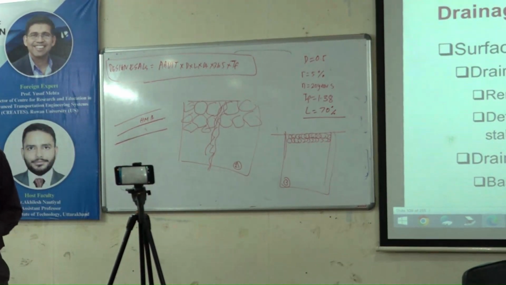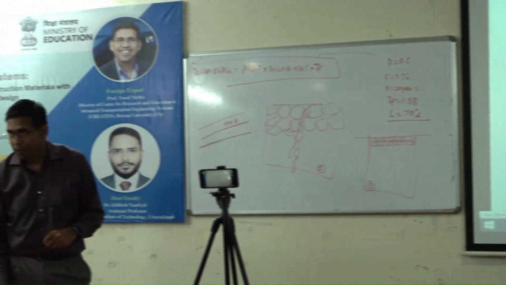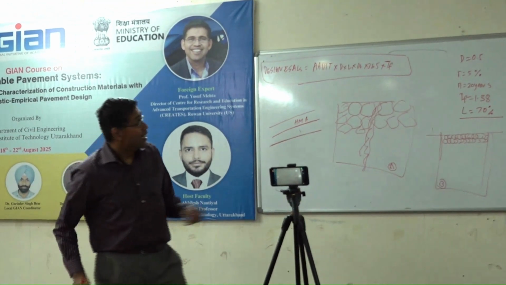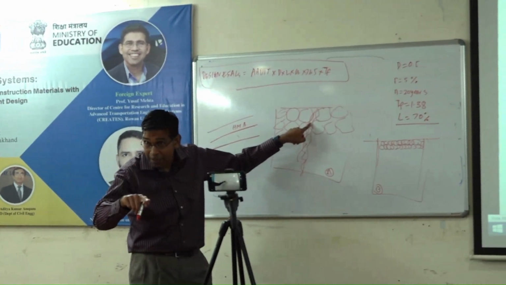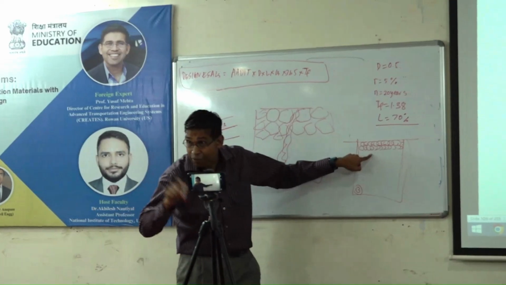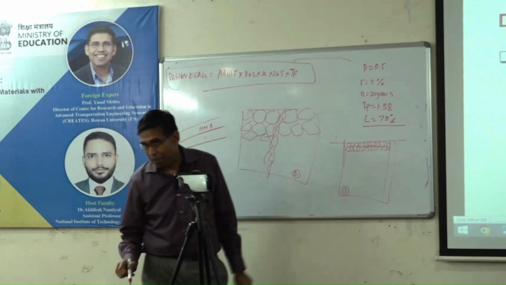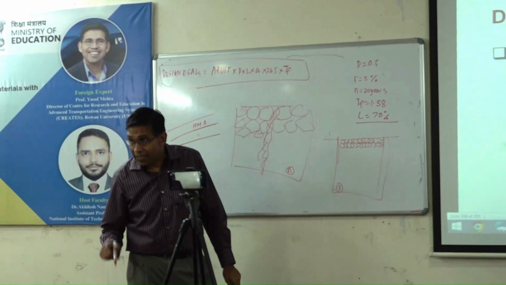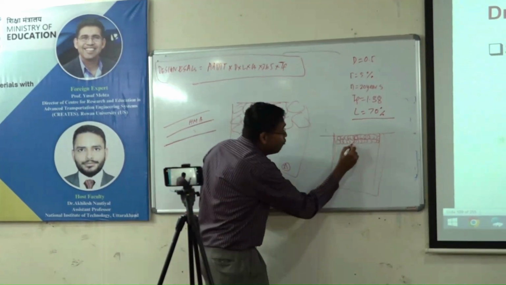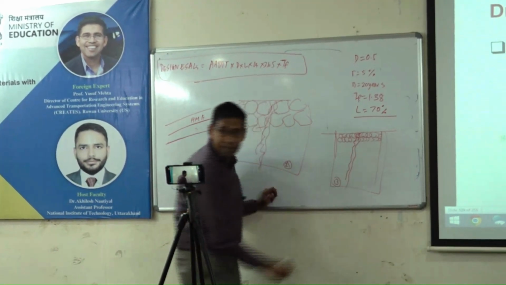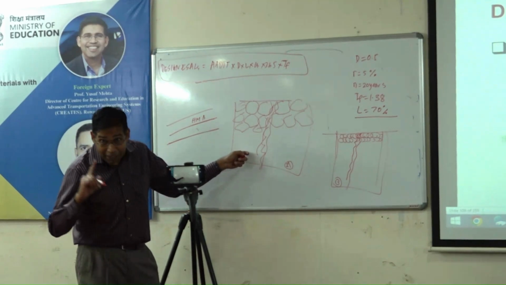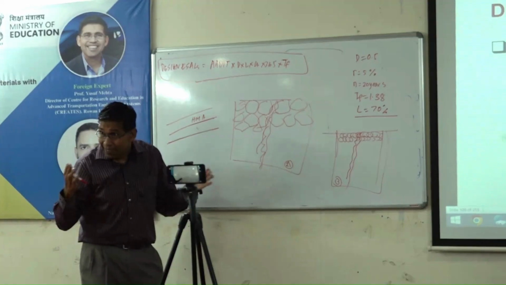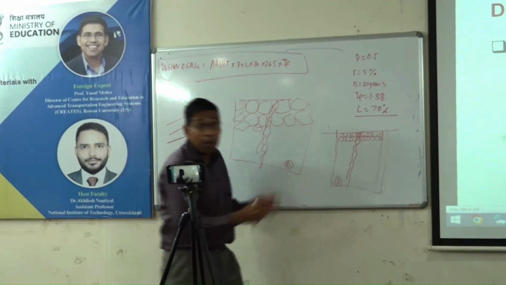Both will have the same amount. The only difference is these are larger air pockets, and these are many voids of smaller sizes. It's just that this will be very hard to interconnect, and these are much easier to interconnect. So it's very confusing, but you will see that both of them will have the same amount of voids.